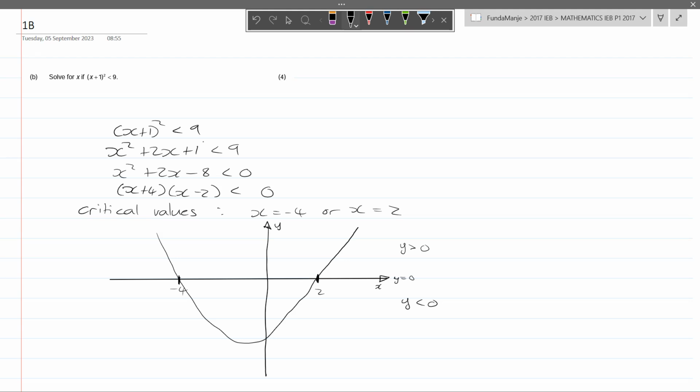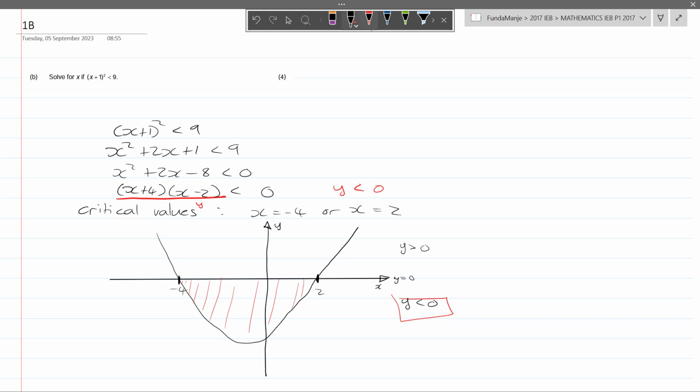So we're going to consider these, and we are looking for the region. If we take this as y, maybe let me put that in another color, then we're looking for y less than 0, and that would be this region here. If we shade that on our graph, it would be in between minus 4 and 2.